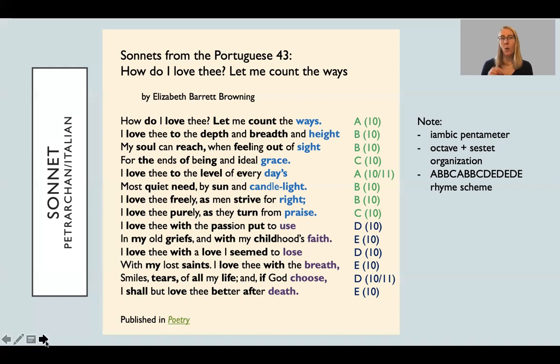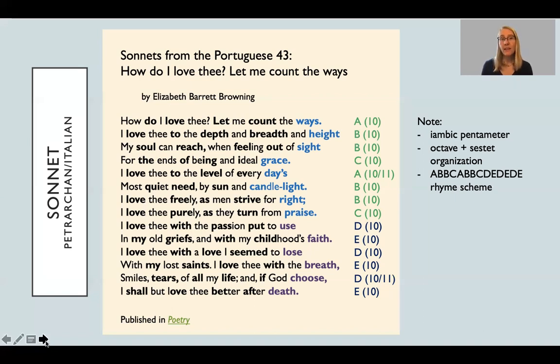So we have ways, days, height, sight, light, right, and grace and praise. And then in those last lines, use, lose, choose, and faith, breath, death. So as I'm reading, you can follow along and listen and see how those choices she's made in her poem affect our journey as a listener and reader.